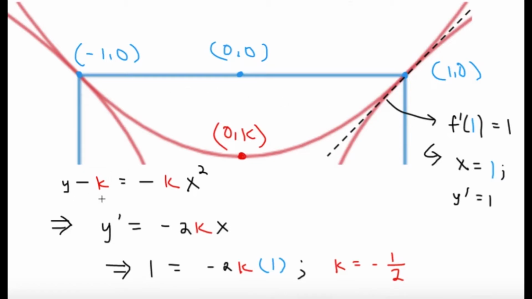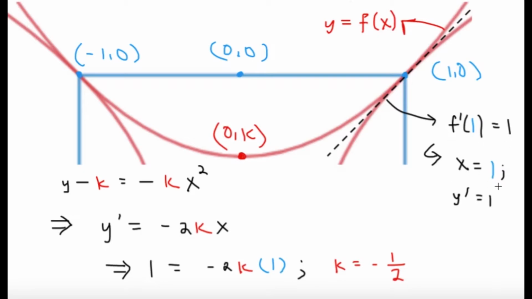We have y minus k equals negative k x squared. As seen a while ago, the tangent line has a slope of 1. So if the graph has an equation y equals f of x, then y prime of 1, or f prime of 1, would be equal to 1.